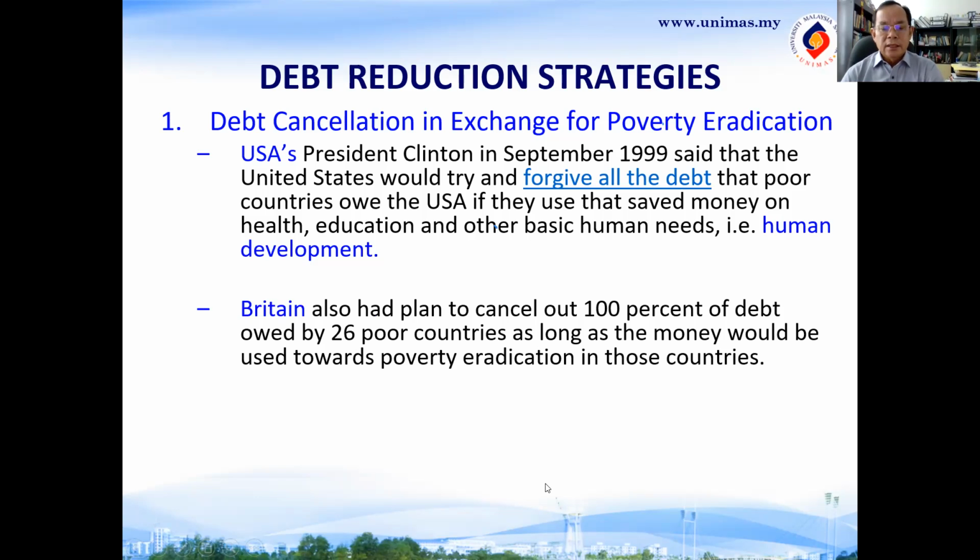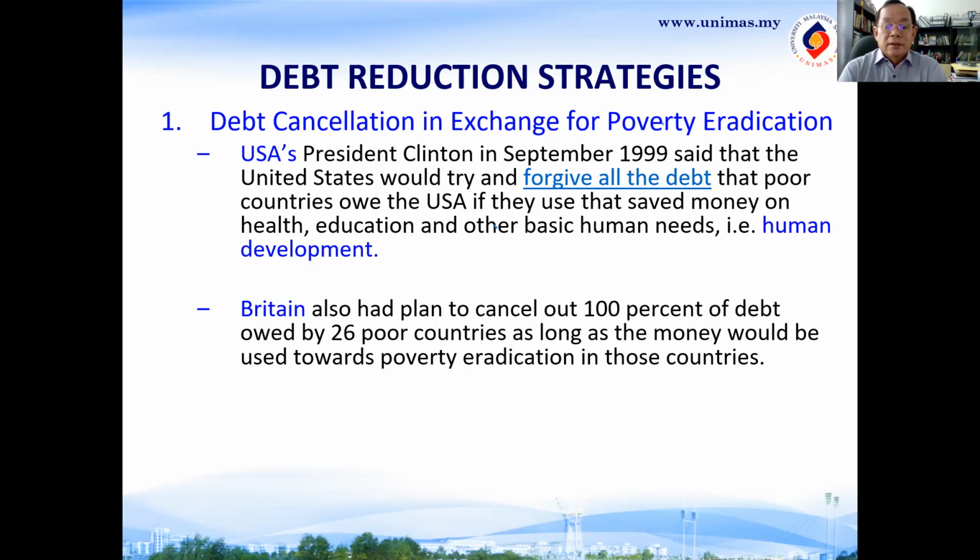Britain juga, negara Britain juga mengikuti langkah yang dibuat oleh Presiden Clinton of the United States. So they also had planned to cancel out 100% of debt owed by 26 poor countries, as long as the money would be used towards poverty eradication in those countries.